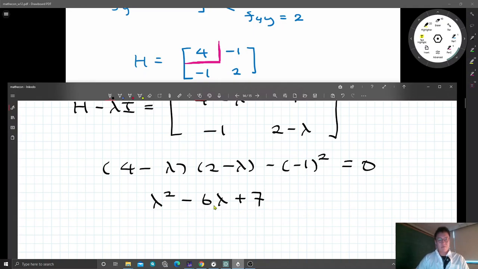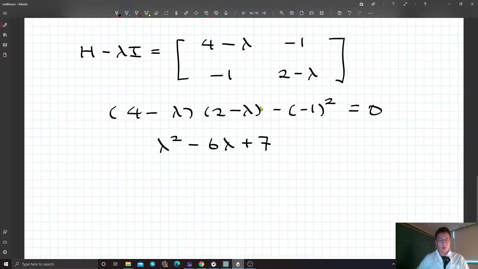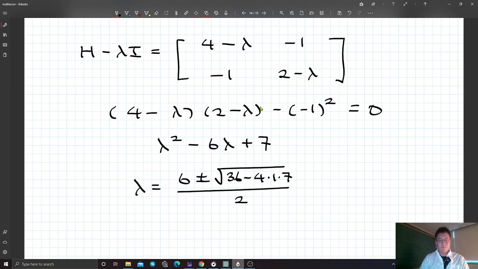Unfortunately this is not factorable, but using the quadratic formula we can find the solution to this equation. So lambda is 6 plus or minus the square root of 36 minus 4 times 1 times 7, divided by 2.